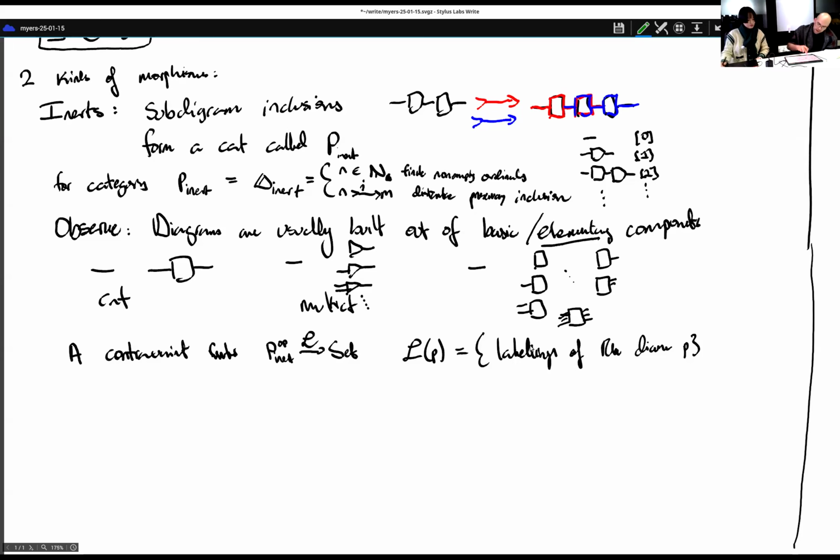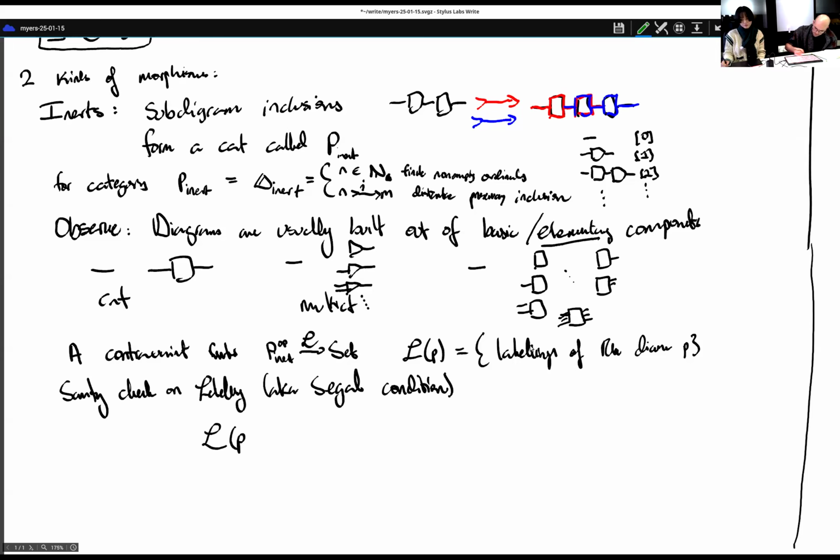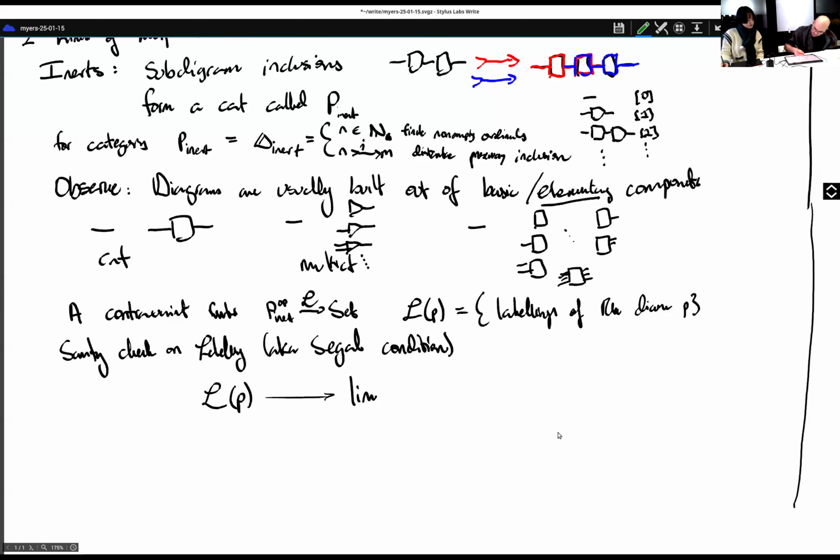So the sanity check on labelings is called the Segal condition: L of P has a canonical map to the limit over what I'm going to call the elementary diagram of P, which is just the elementaries in P sliced over P, where E means both an elementary and an inert in there.